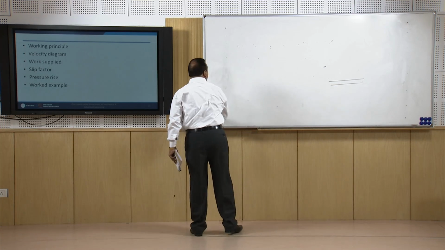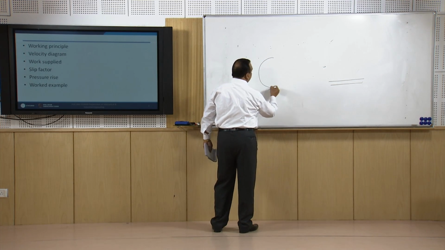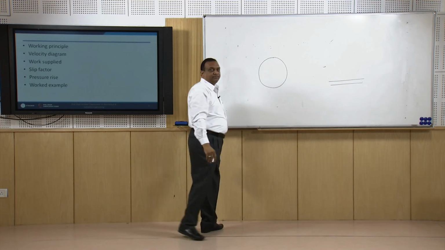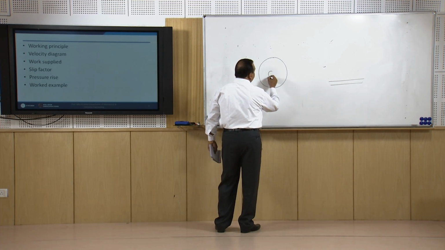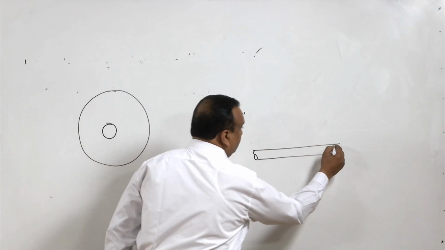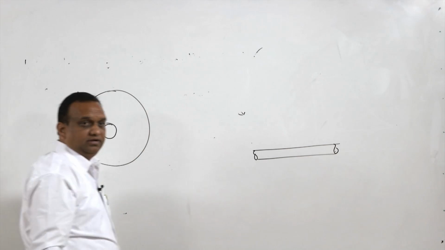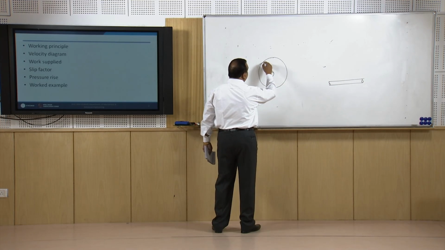It necessarily has one impeller, which is a very important part. The impeller is nothing but a disc, and the disc is mounted on a shaft, and it has vanes.